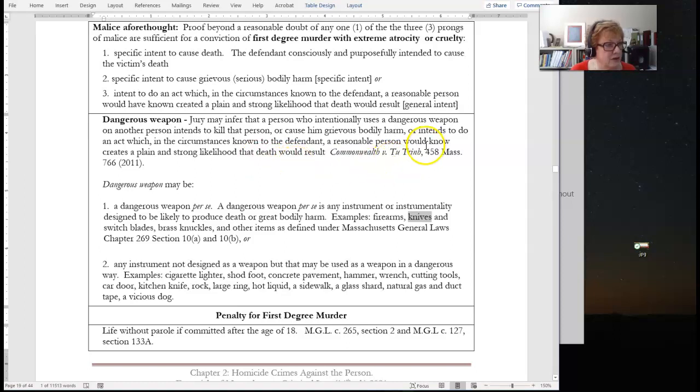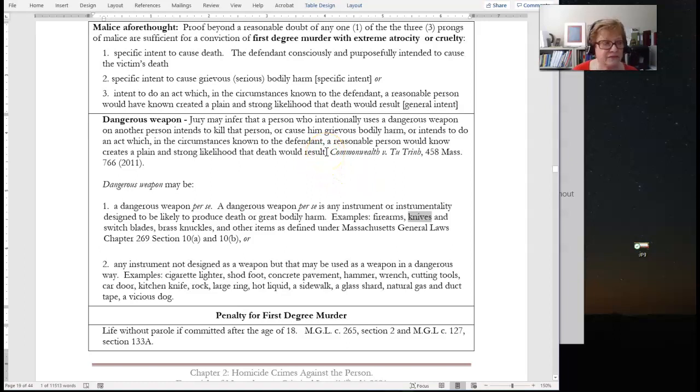And under Massachusetts law, in a 2011 case, the Supreme Judicial Court, by way of common law court decision, allowed a jury instruction to a jury deciding a first-degree murder case, allowing the judge to inform the jury that they could infer, draw a logical conclusion, that a person who intentionally uses a dangerous weapon, such as a knife, as Pat did, either intended to kill Phil, or intended to cause him serious bodily harm, or intended to do an act which, in the circumstances known to Pat, a reasonable person would know creates a plain and strong likelihood that death would occur.